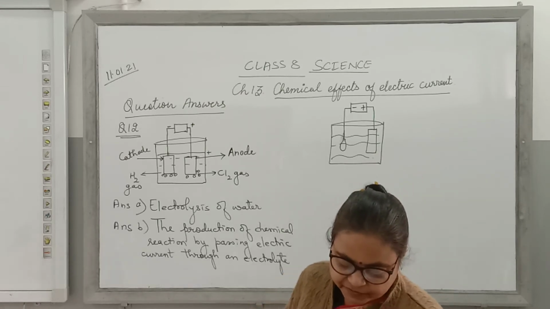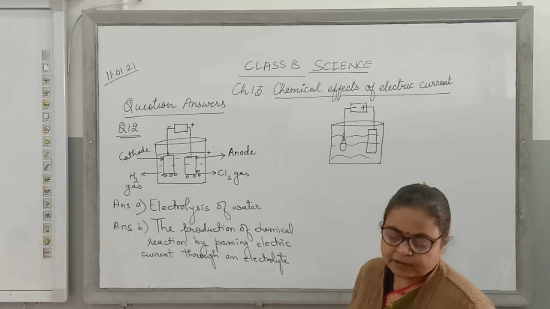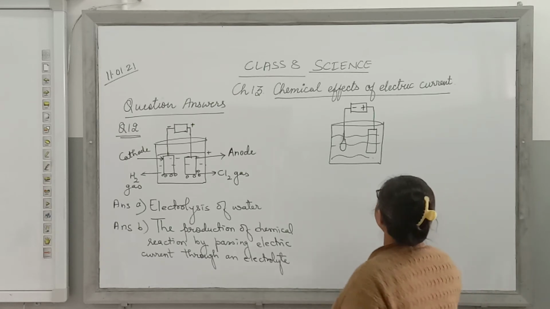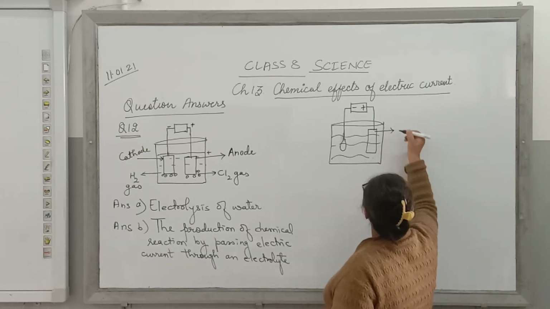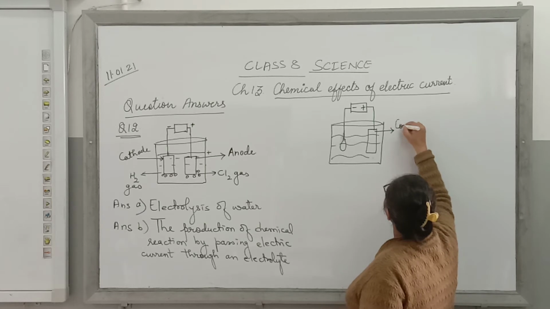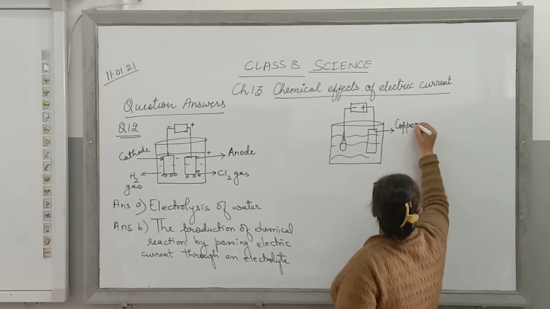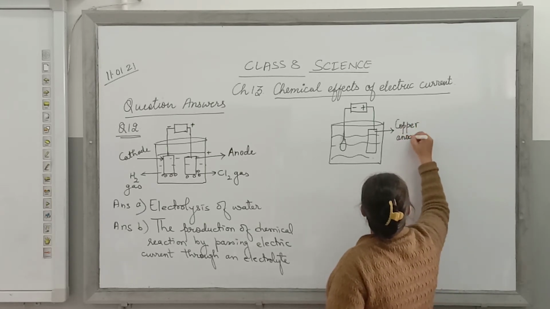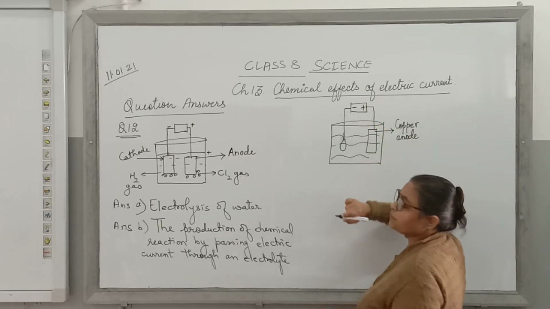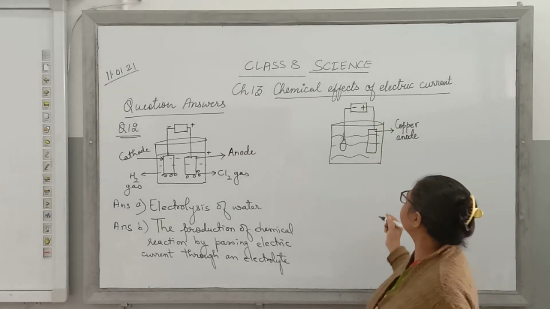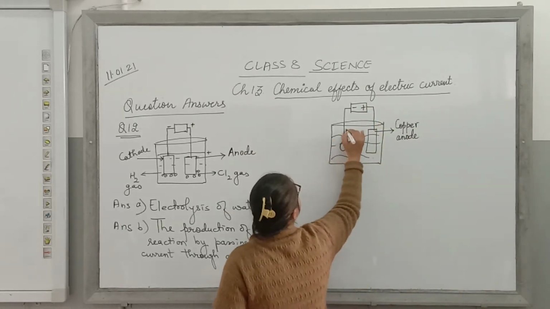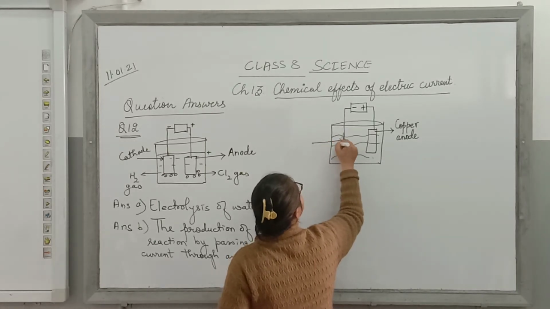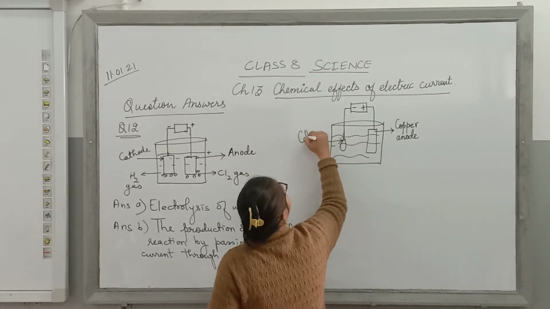Now in this figure, we have to label the electrodes. Now this is copper anode. Positive end, it is attached to the positive end of the battery. So it is anode. And the spoon, as we know, the metal which has to be electroplated should always be at the negative end.